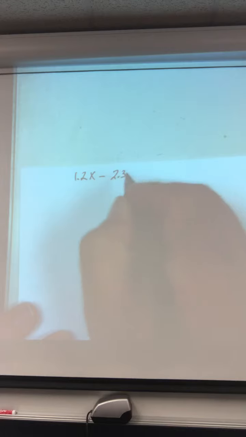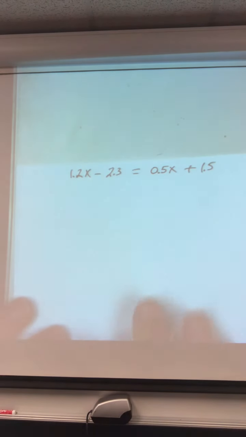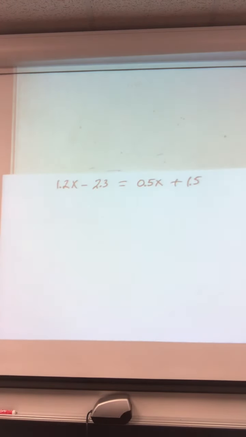So let's suppose I have 1.2x minus 2.3 equals 0.5x plus 1.5. Notice two things.